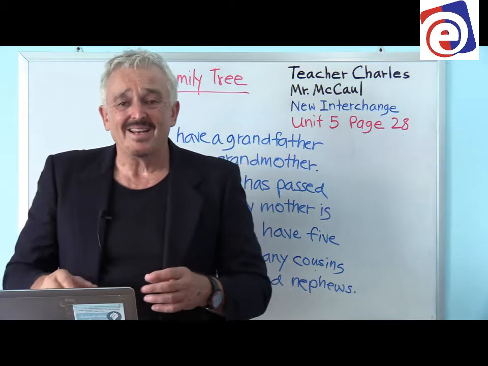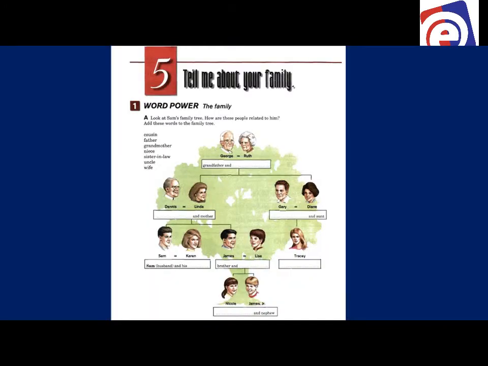And so on page number 28, Word Power, you'll see some pictures, some boxes, some lines, and some words. We call that a family tree. I don't know what you call it in Khmer.